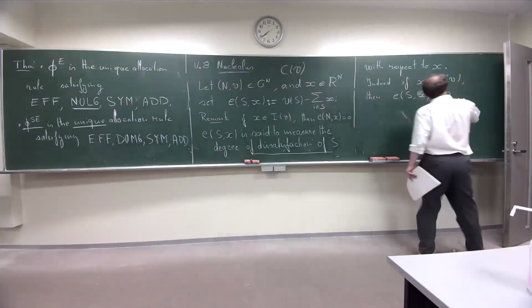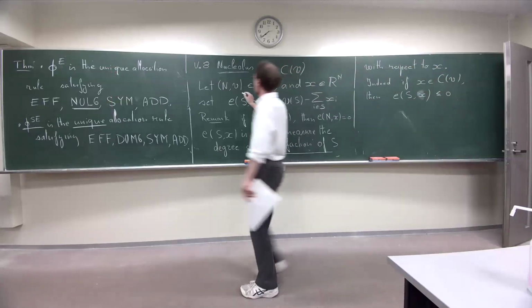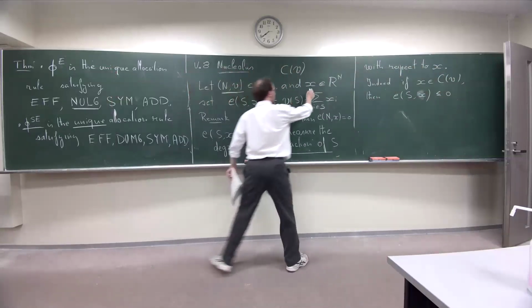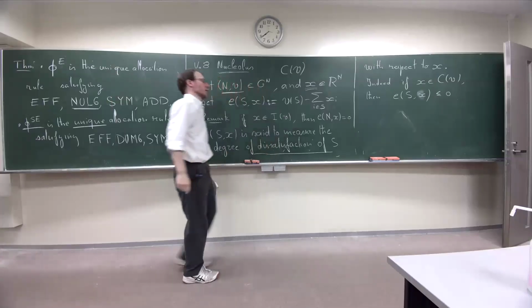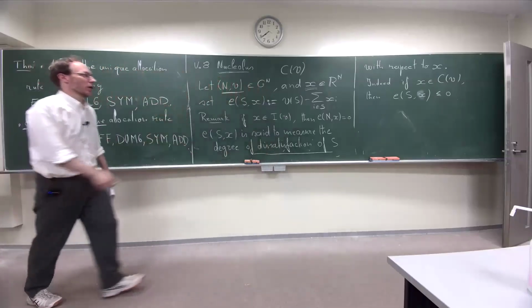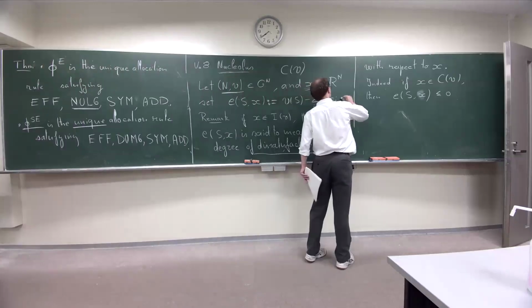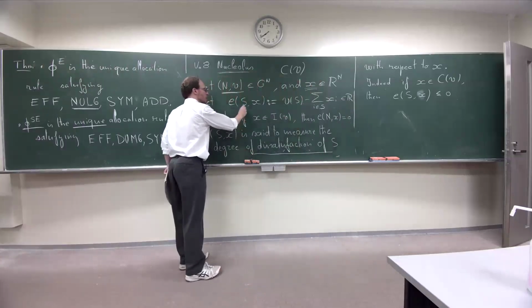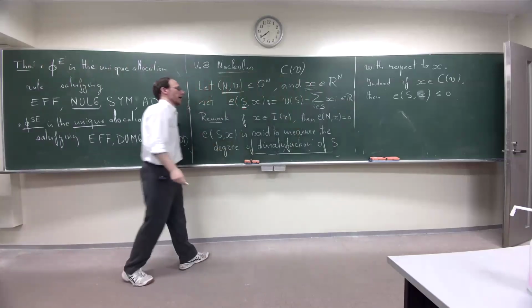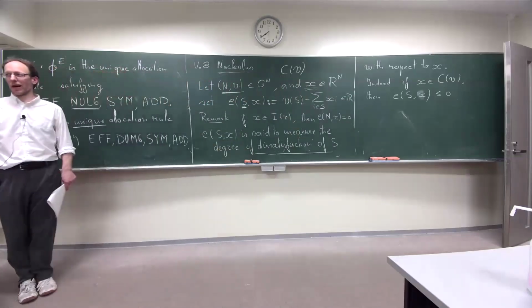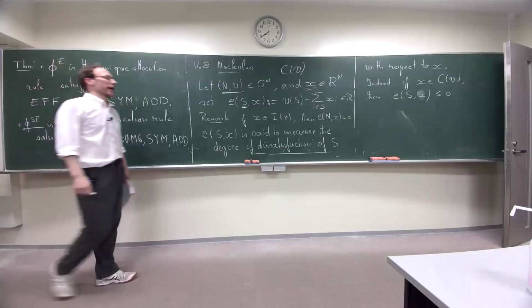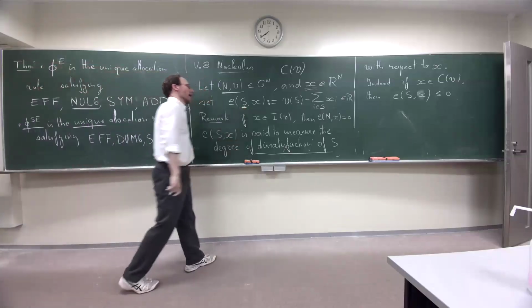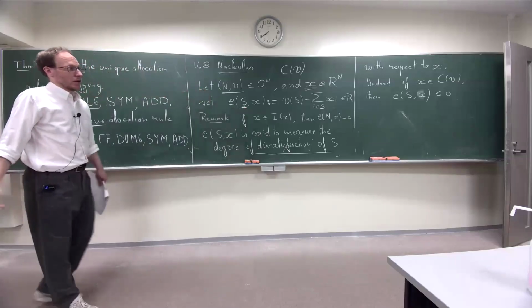So far, it's only a definition. I started with one game, one point, and I define a quantity which is just a real number. This difference is just a real number. But look, we have such a real number for any coalition. X is fixed, so for any coalition, I have such a real number.